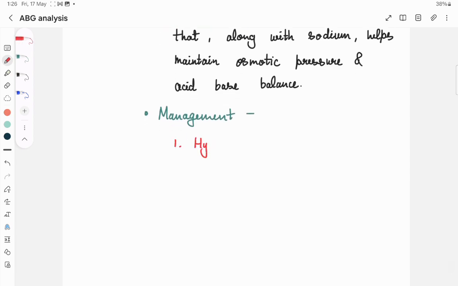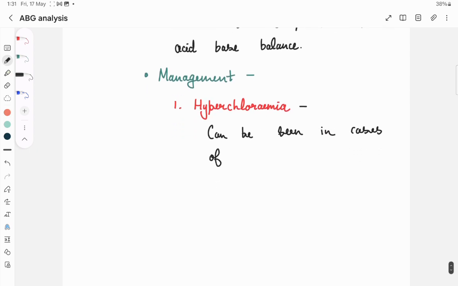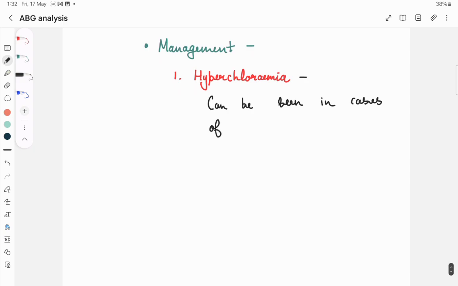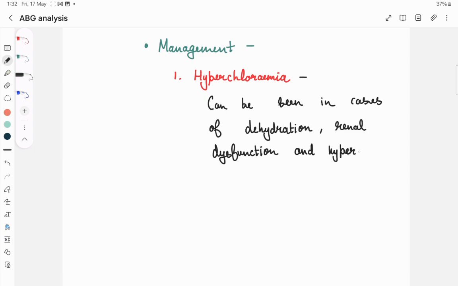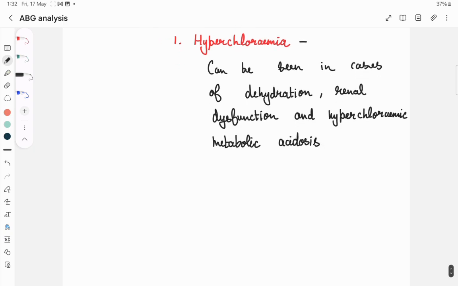So the management: hyperchloremia can be seen in cases of dehydration, renal dysfunction, and hyperchloremic metabolic acidosis.